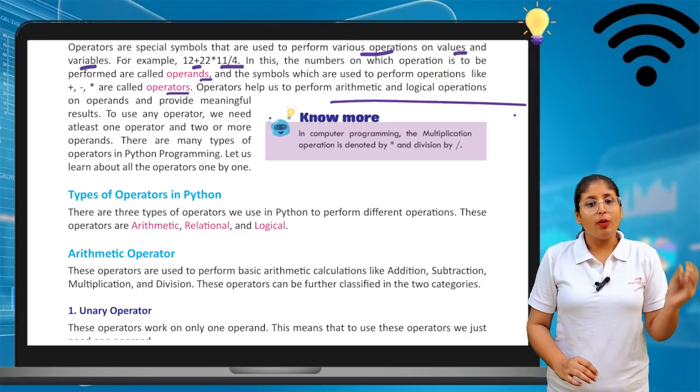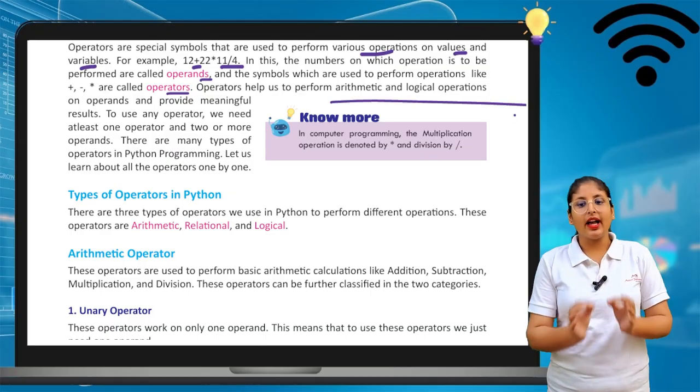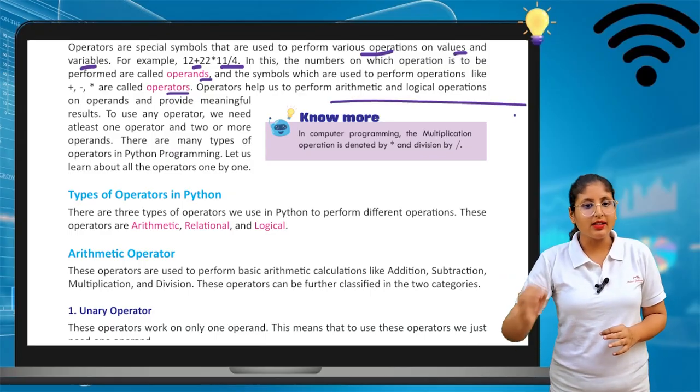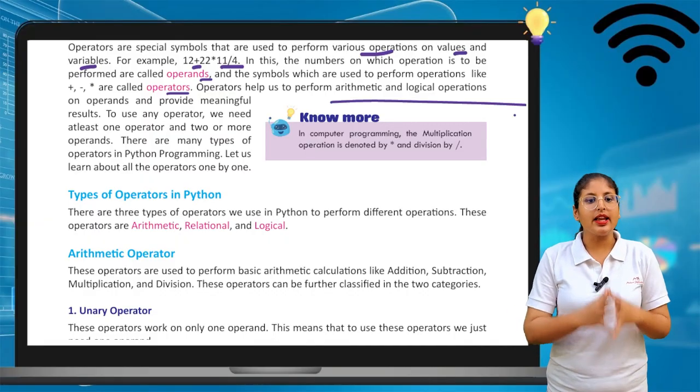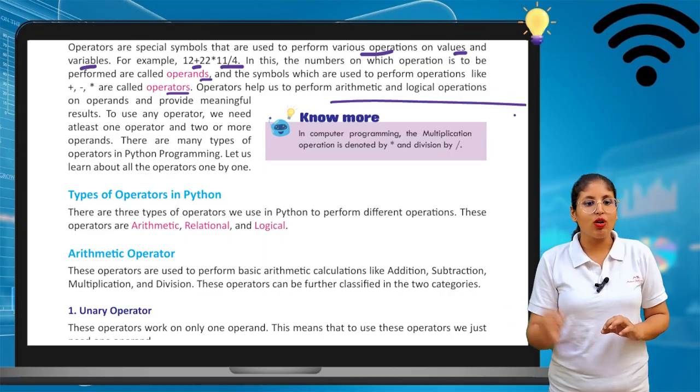Operators help us to perform arithmetic and logical operations on operands and provide a meaningful result. To use an operator, we need at least one operator and two or more operands.